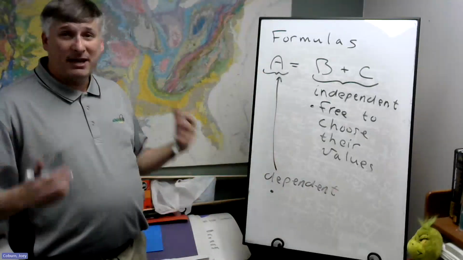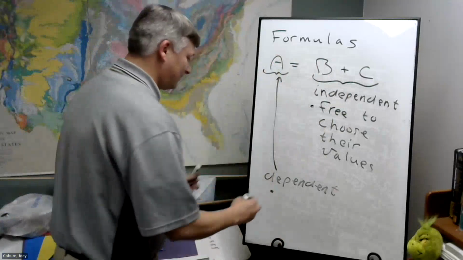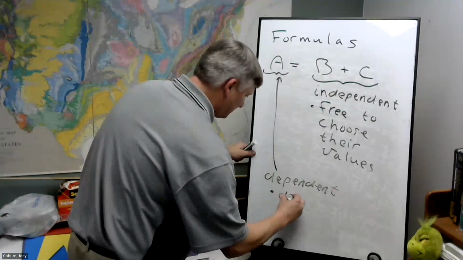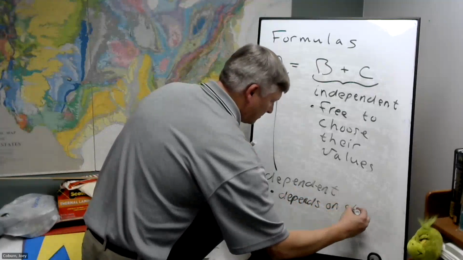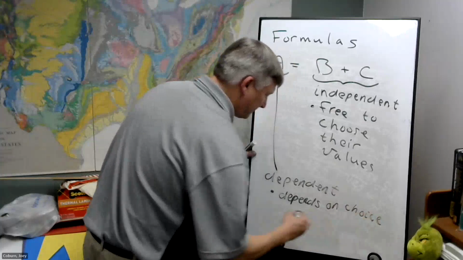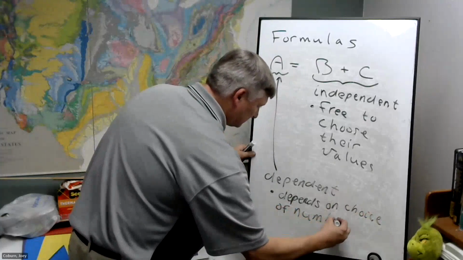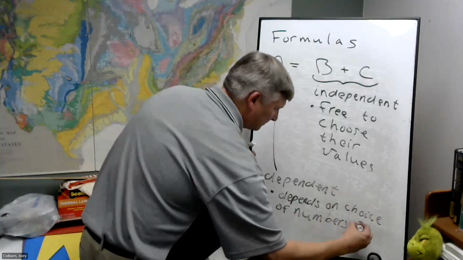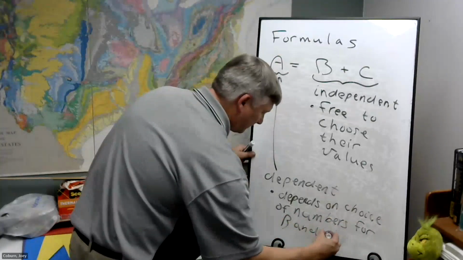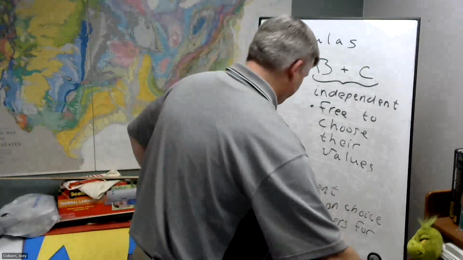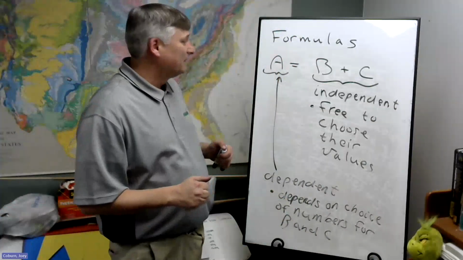And its value depends upon what we chose these variables to be. It depends on the choice of numbers for B and C.